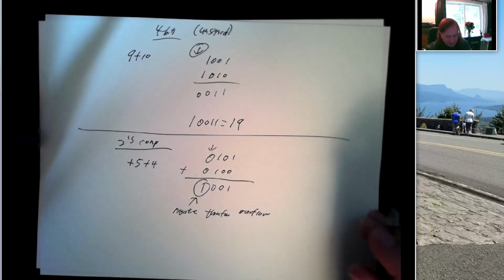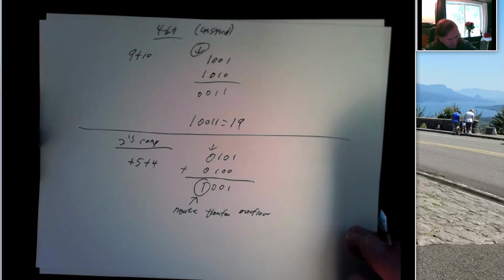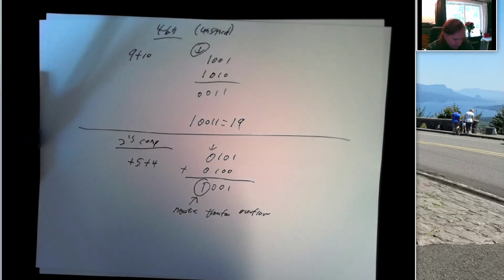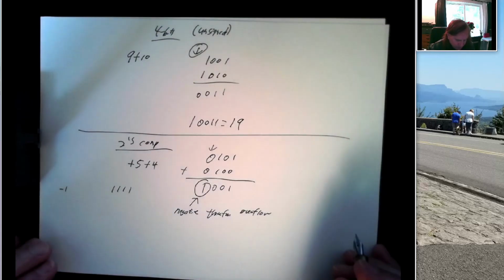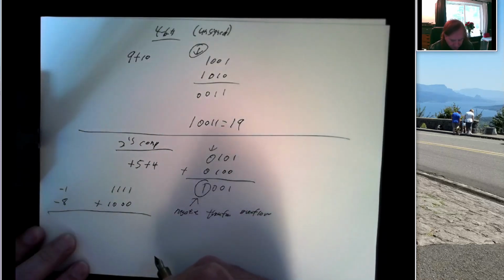And similarly, if I were to take 2 negative numbers and add them together, so for example, let's take negative 1, which is 1111, and negative 8, which is 1000, and add those together.